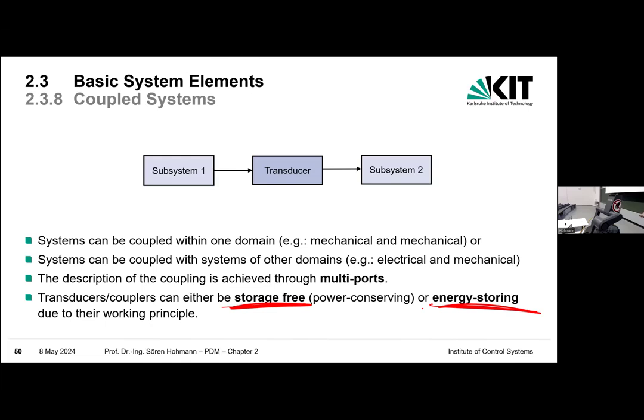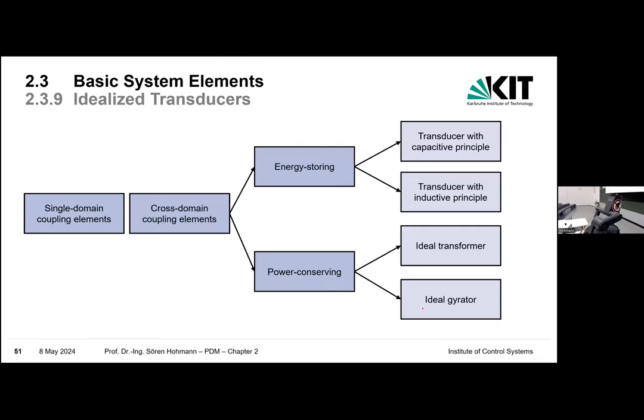For the mechatronics engineers in the room, we learned something about the storing elements as well, because energy storing elements are also important for some reason. So if we do this overall picture, then we have so-called single domain coupling elements, then we have cross domain coupling elements. They might be energy storing or power conserving.